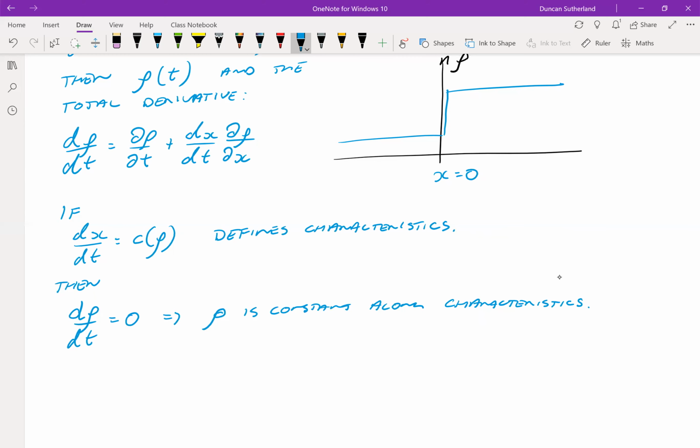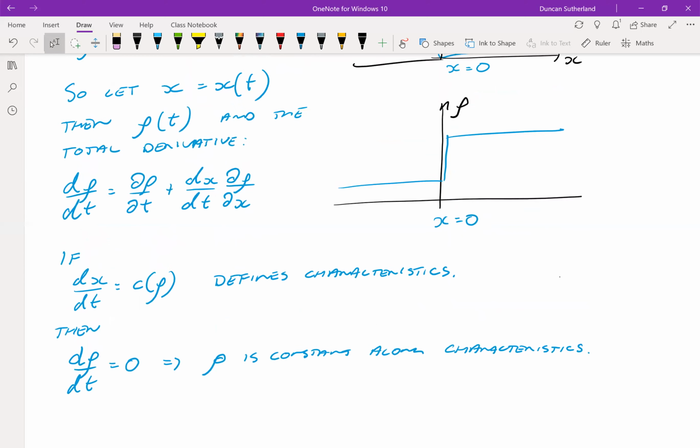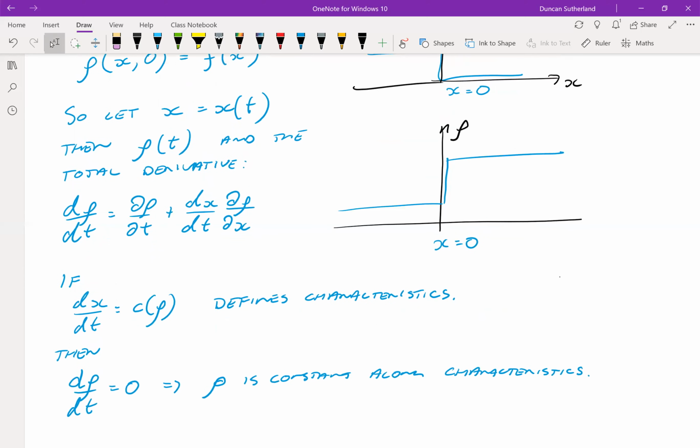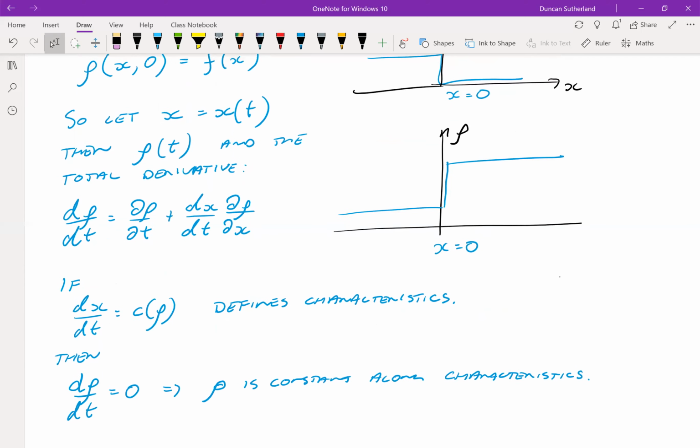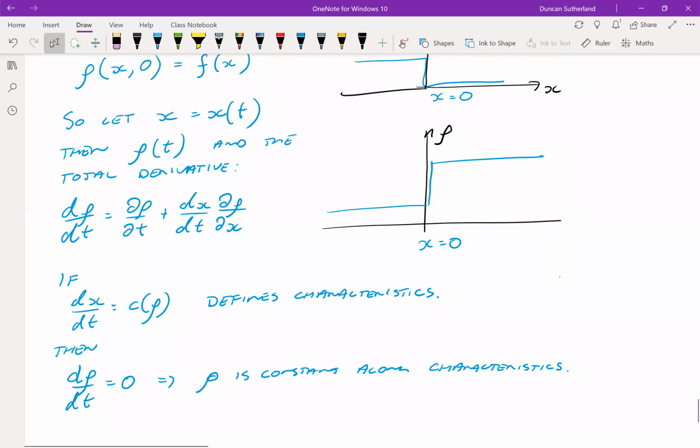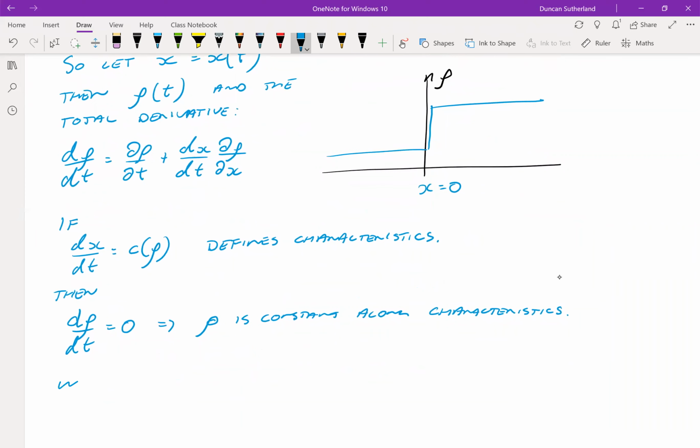Because it's constant on the characteristic curves, they must be somehow an evolution of the initial condition. So we have on the characteristics, rho of x(t) equals rho of x naught, right?